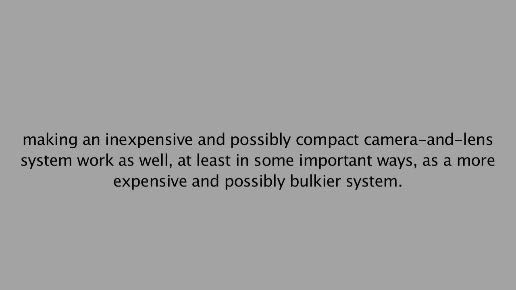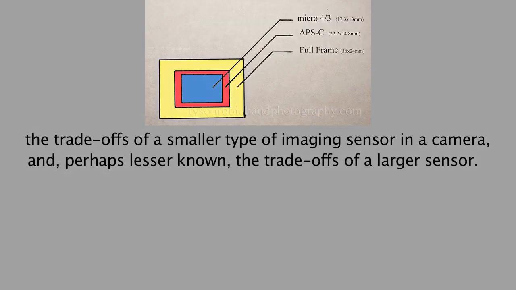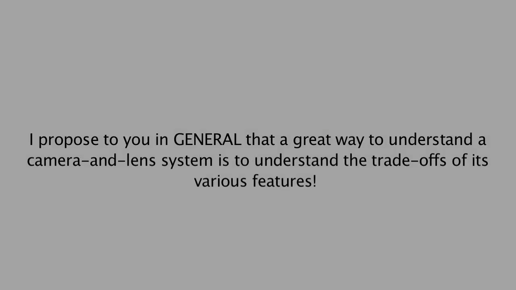This all has to do with what I think are the most important trade-offs of camera features. The trade-offs of a smaller type of imaging sensor in a camera, and perhaps lesser known, the trade-offs of a larger sensor. I propose to you in general that a great way to understand a camera and lens system is to understand the trade-offs of its various features.